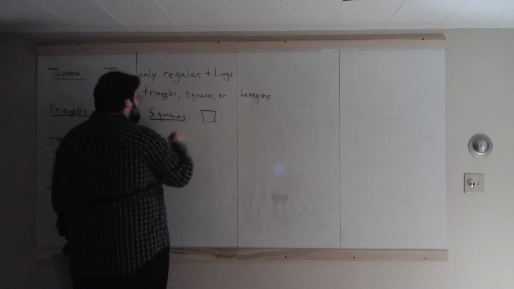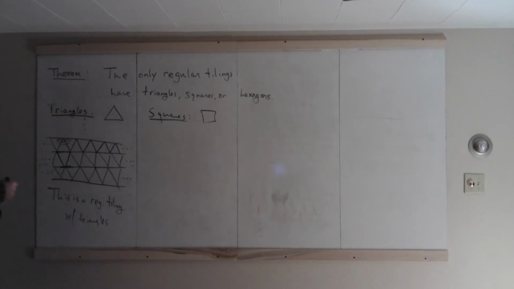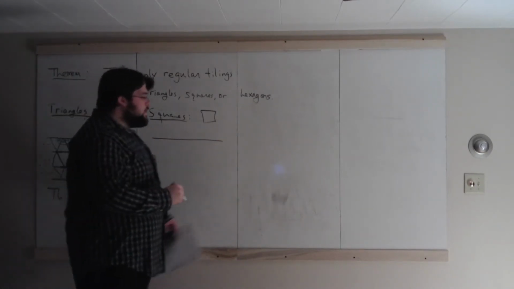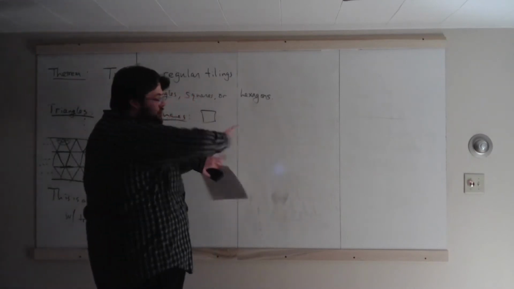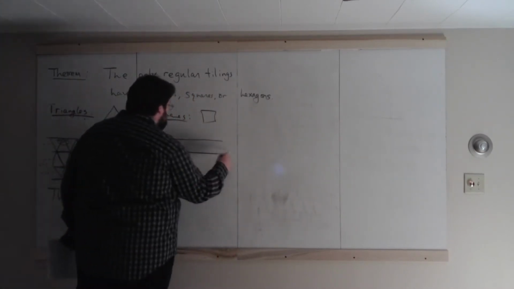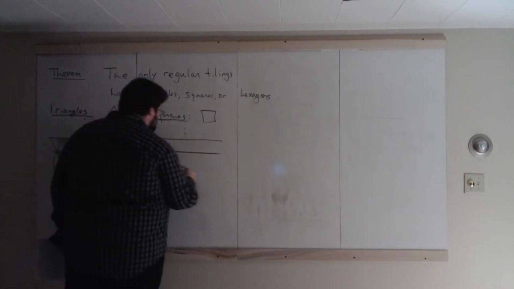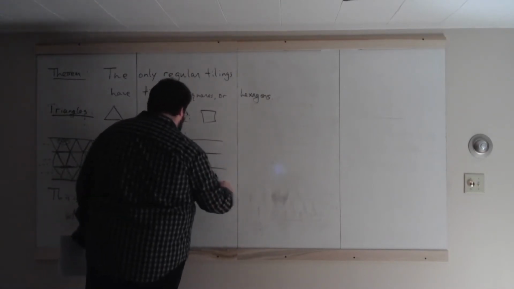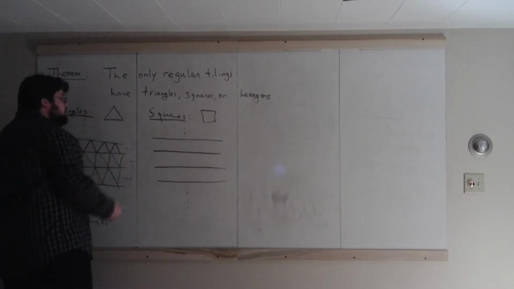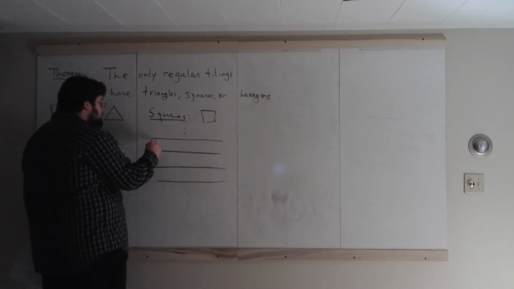Squares look like that. 90 degrees in all angles. Well, we already saw how we could make it not edge to edge down here by shifting the square over a little bit. But again, let's divide our two-dimensional space into strips. And it goes on in all directions, but we can just fill this in with squares like this.